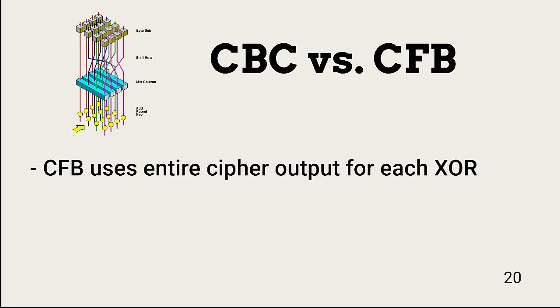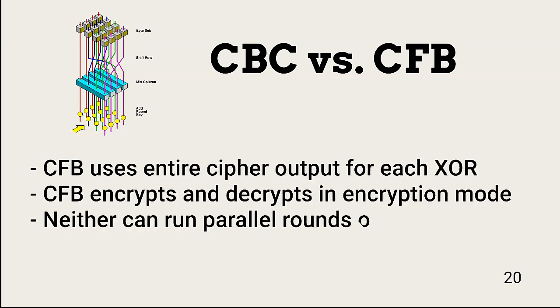The cipher feedback mode, CFB, is almost identical to the CBC. The difference lies in what is XORed in each round. The CBC only XORs the output of each round. The CFB XORs all output from all previous rounds combined. This prevents one of the challenges in CBC, the propagation of errors.